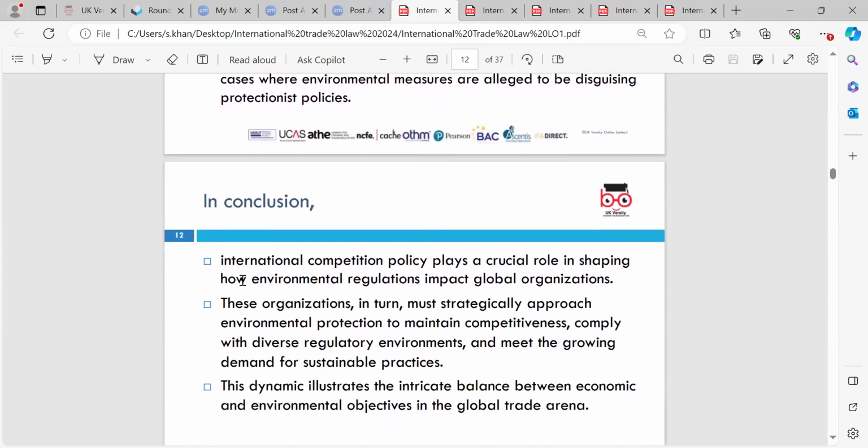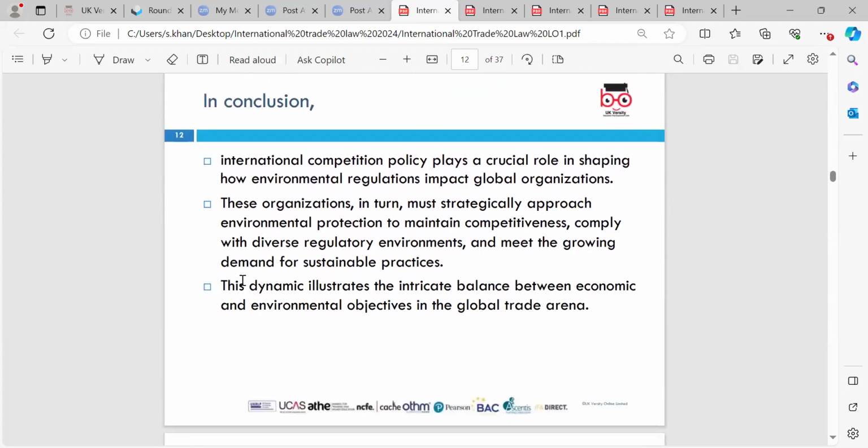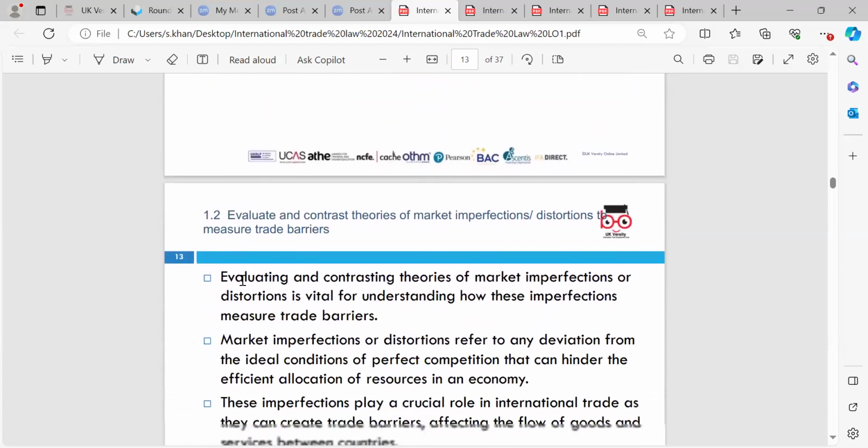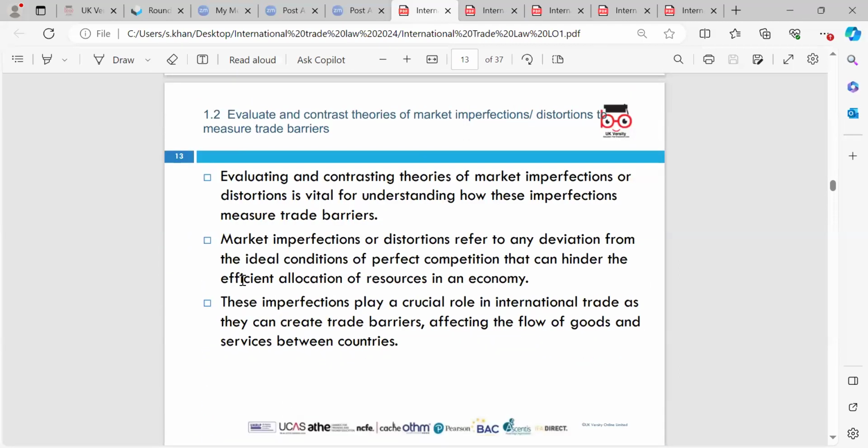We also concluded in regards to international competition policy and how it is an important aspect and plays a crucial role in shaping how environmental regulations impact global organizations.